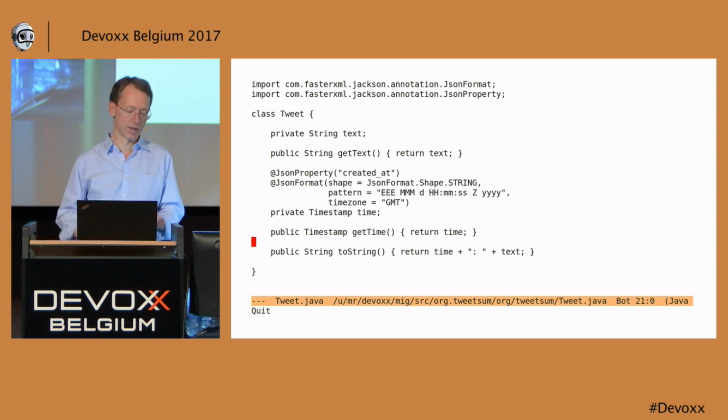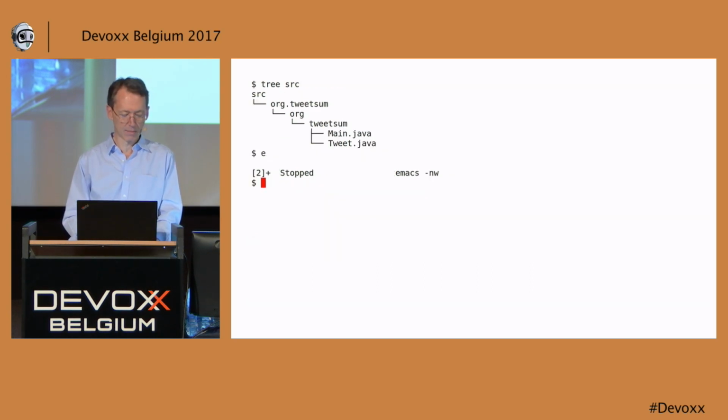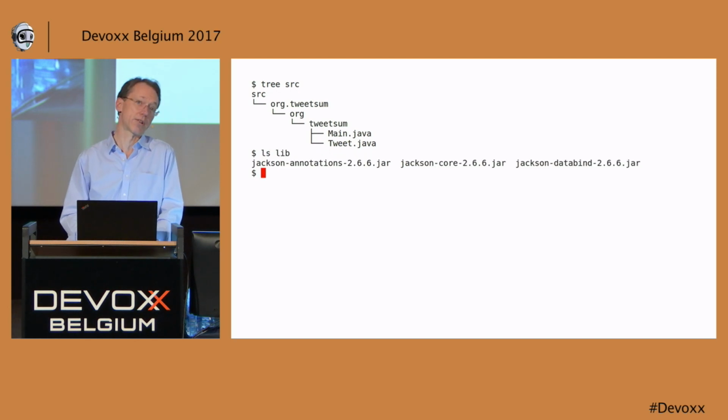We'll just compile and package this as a normal little application. So let me compile this in the old-fashioned way. Classes. Let's see. I've got my lib directory here. Here are the Jackson jar files. It's actually a slightly old version of Jackson, but that's okay. It still works. Annotations.